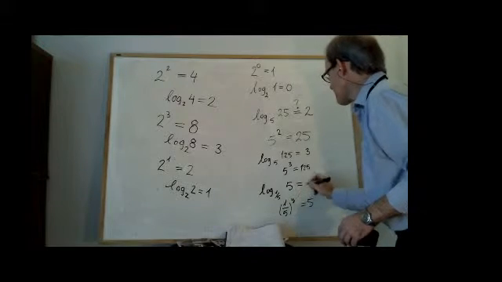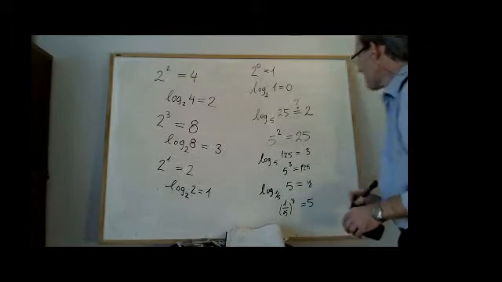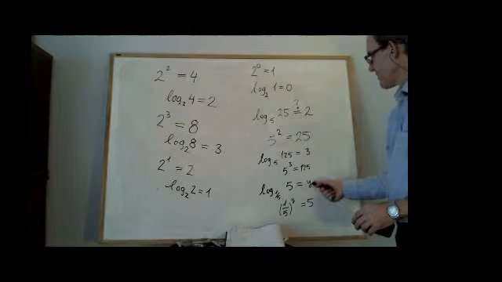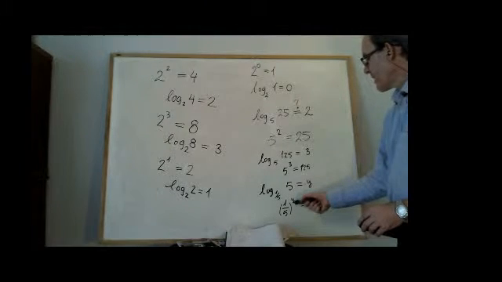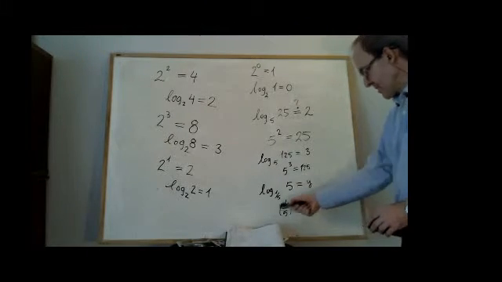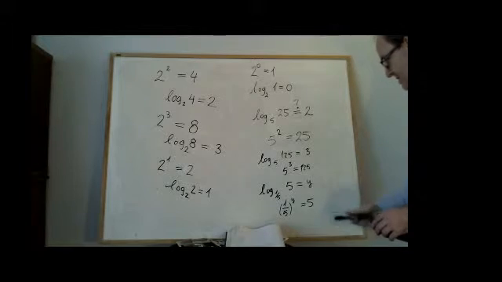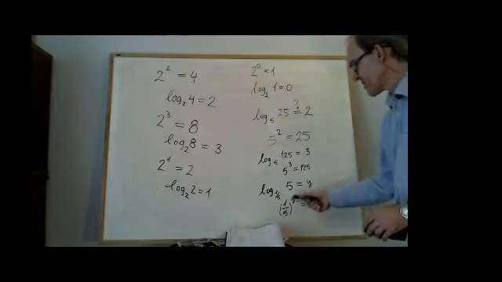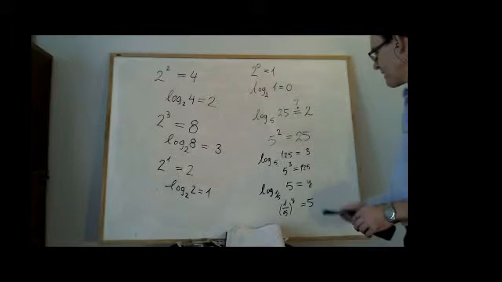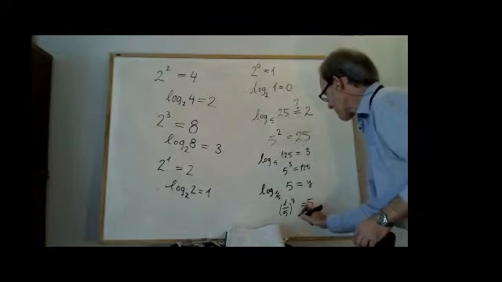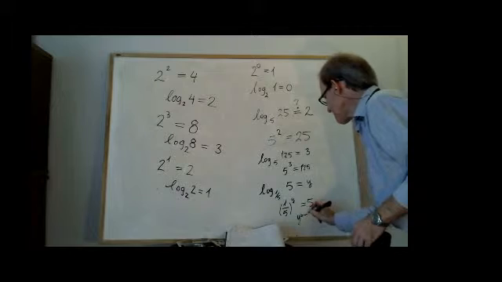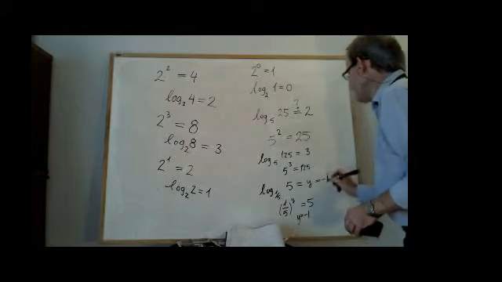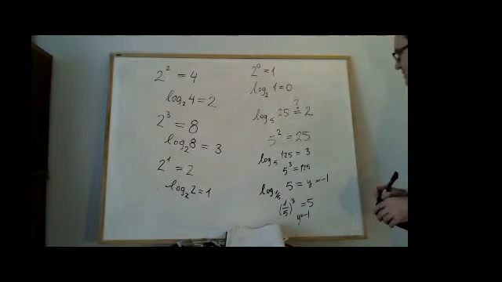Let's put a y in there, just to show you how it works. So I want to solve for y here. I can easily just look at this and see, oh, if I just raise this to the power of minus 1, in other words, take the reciprocal, then I get back 5. So that enables me to solve and find y.